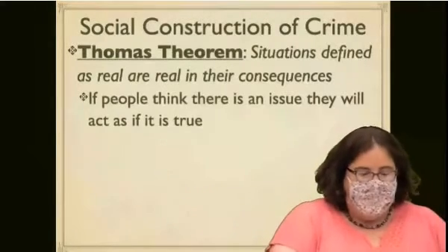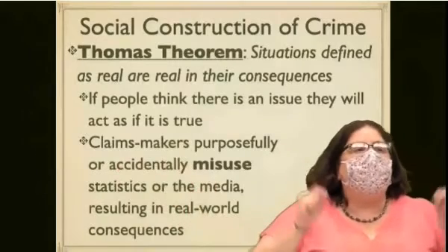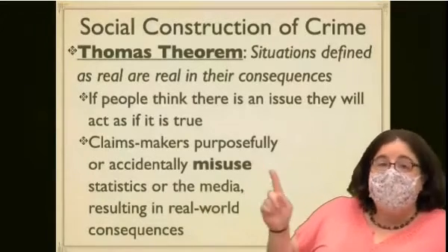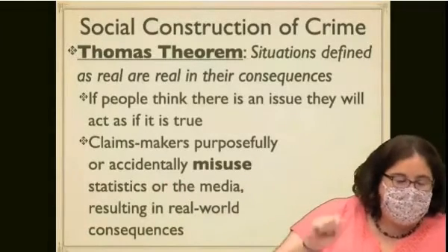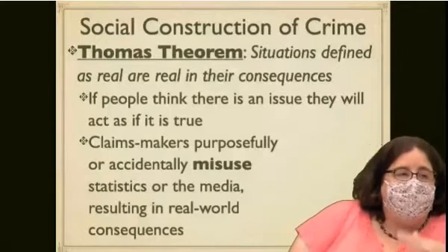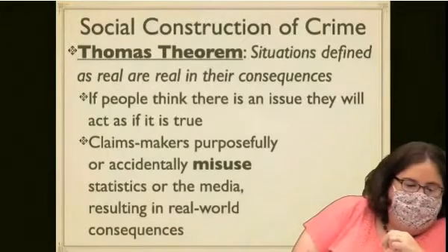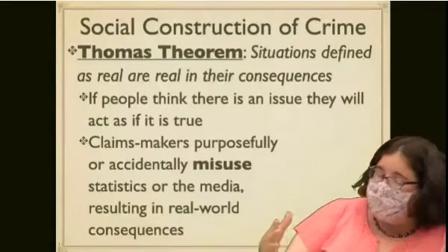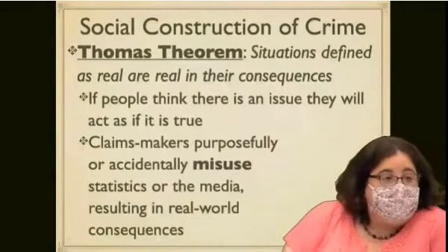I'm not saying everybody does this, but the book talks about a group of people called claims makers. What they mean is people who make claims about crime, right? Sometimes purposefully, sometimes accidentally, they misuse statistics or the media, resulting in real-world consequences. I don't know if you guys know about this pandemic that's going on right now. There have been instances across the board of claims makers, especially on the internet, making claims and misusing statistics or the media, and that has resulted in real-world consequences.